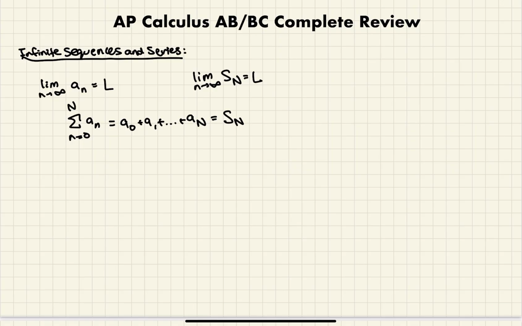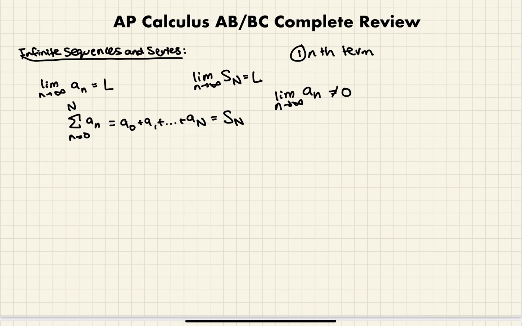All right. There's a bunch of different tests you can use to see if a series converges. I'm just going to speed through them really quickly. First is the nth term test. If the limit as n approaches infinity of the sequence is not equal to 0, then the series diverges.